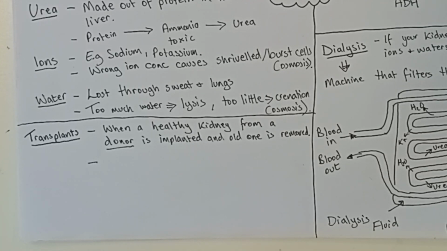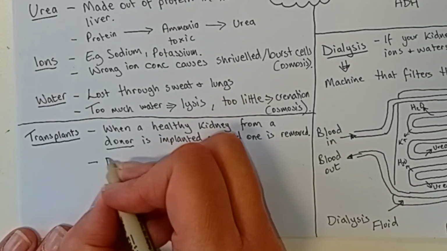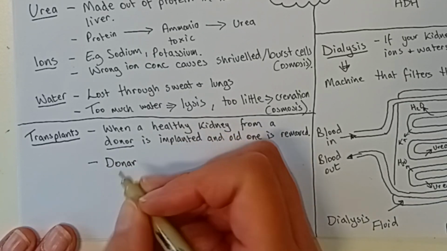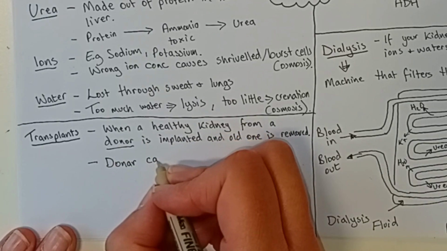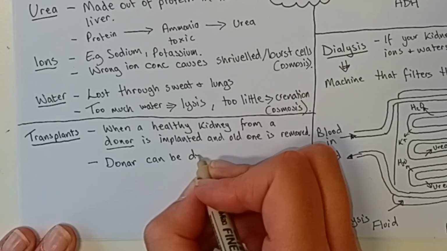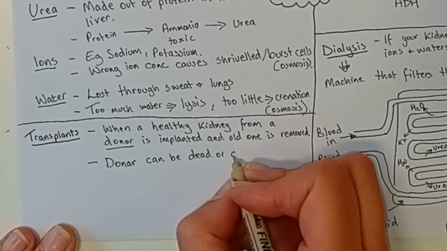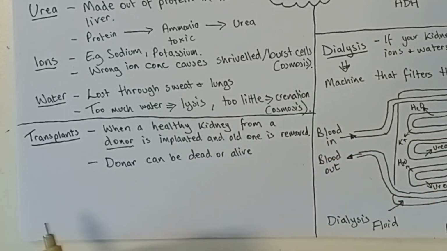So people can donate a kidney if they're alive. So the donor, in the case of kidneys, can be dead or alive. If we were talking about a heart transplant, then you've only got one heart. So obviously the donor needs to be dead.